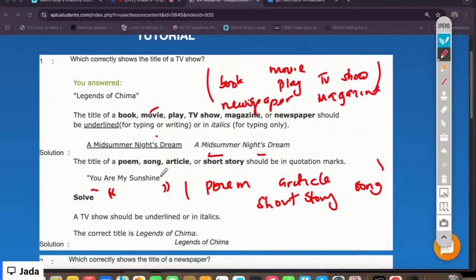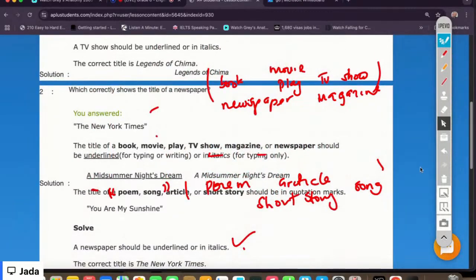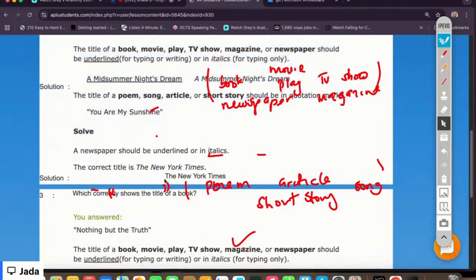Okay, so let's write correctly the title of a TV show, right? So we have Legends of Chima. So it's either you're underlining it or writing it in italics. So this is in italics, okay? So for the newspaper, the title of the newspaper, The New York Times.